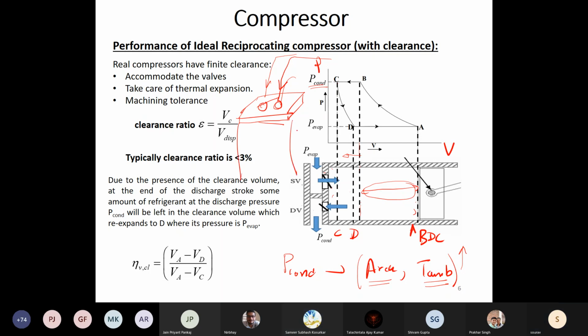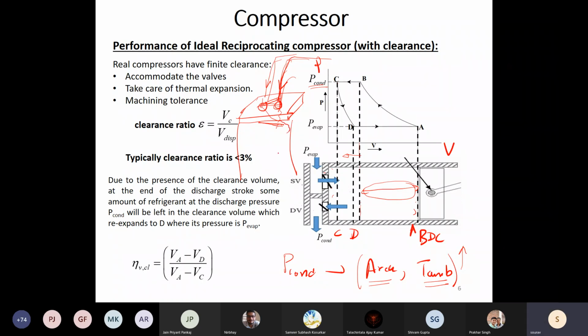If you have the flap on top and gas has to enter from top to bottom, the force of the fluid entering will close the valve. So the flap is placed at the bottom. That's why the gas pushes this flap and then enters like this.